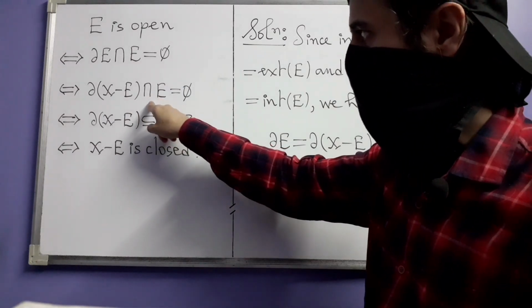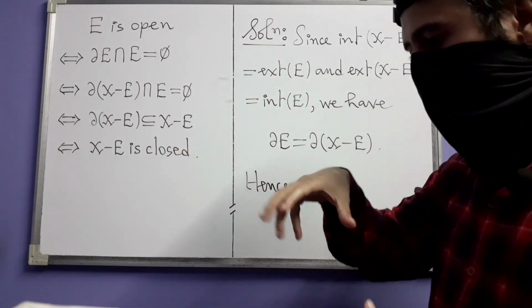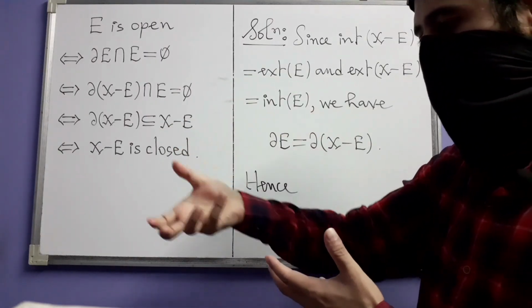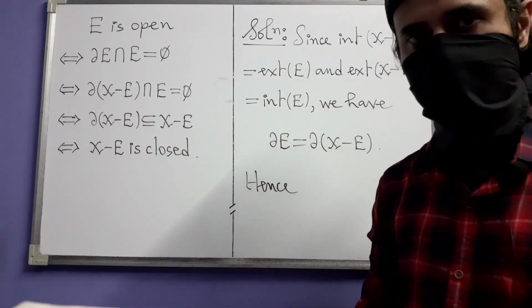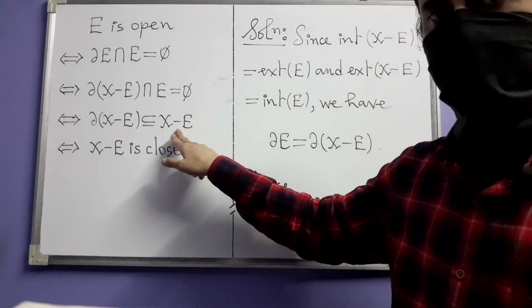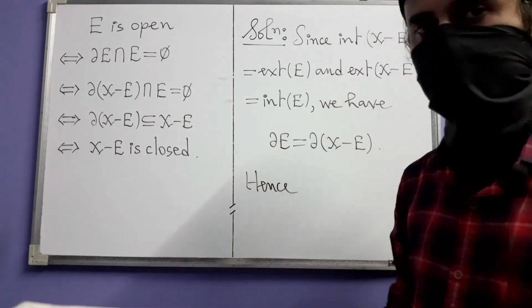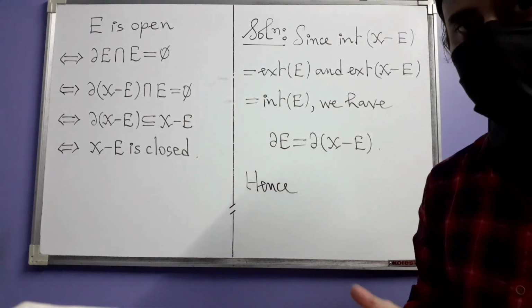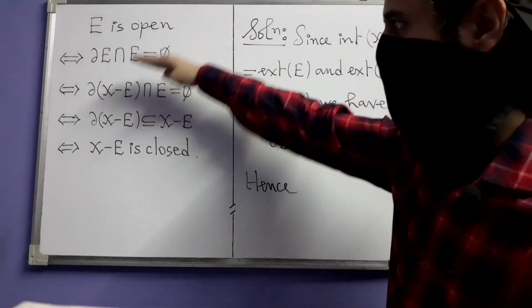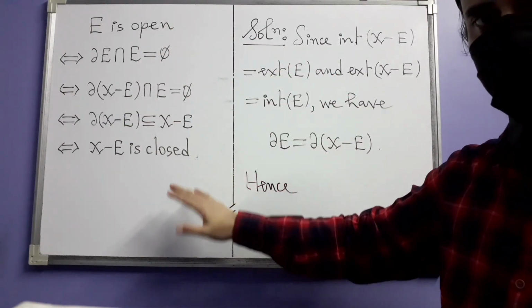But that itself is equivalent to this condition, that if it is not intersecting E, that means it's lying entirely outside of E or inside X difference E as a subset, which however is the definition of X difference E being a closed set. So that is why E is open if and only if X difference E is closed. That is the proof of part E.